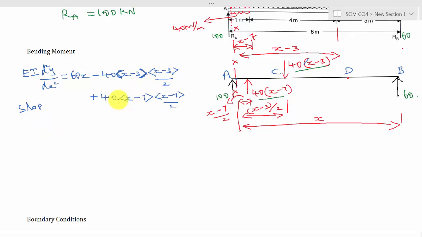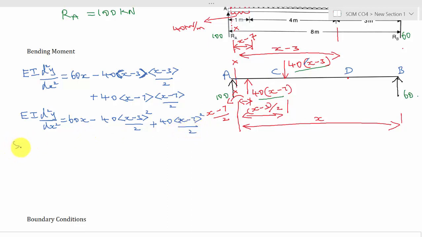So you can write like this: EI d square y by dx square is equal to 60 into x minus 40 into (x minus 3) the whole square divided by 2 plus 40 into (x minus 7) the whole square divided by 2.